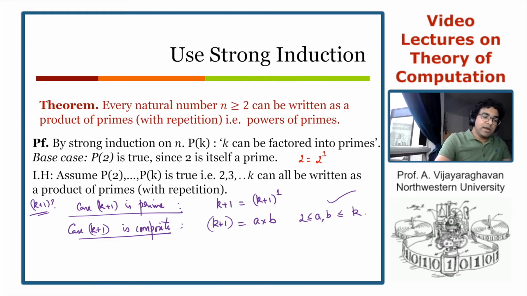Great. Now, what do we know about a and b? a and b are both less than k. So by the induction hypothesis, P of a and P of b are both true.